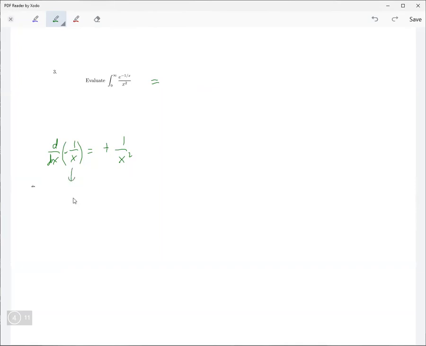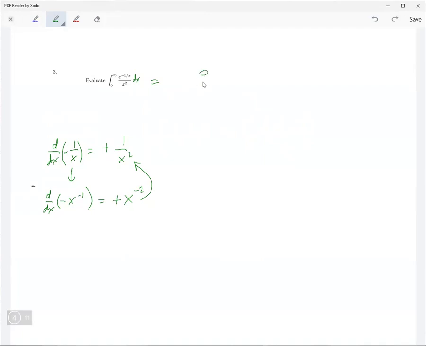And that's just because this is negative x to the negative 1. So when you take the derivative of that, you get positive. You got a negative come down, which makes that positive, and then you subtract 1 from that, that's 2, and then that's of course that. And I forgot to put the dx, but we'll put that right there.